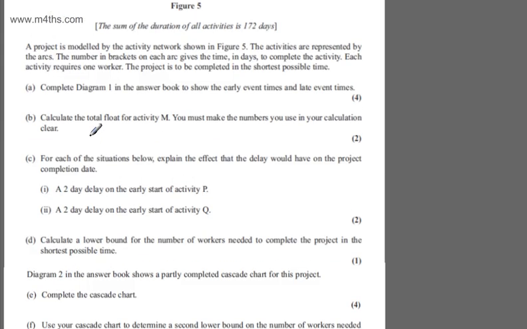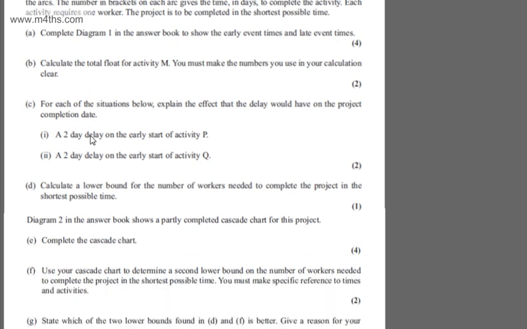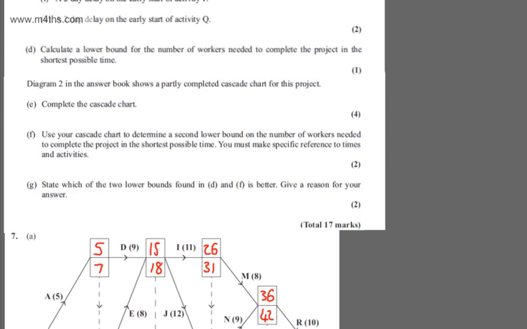In part B, we need to calculate the total float for activity M. We must make the numbers we use in our calculations clear. The question carries 2 marks. In general, we can say that the float is going to be the late event time minus the activity time minus the early event time.